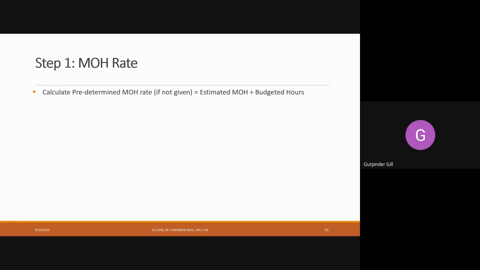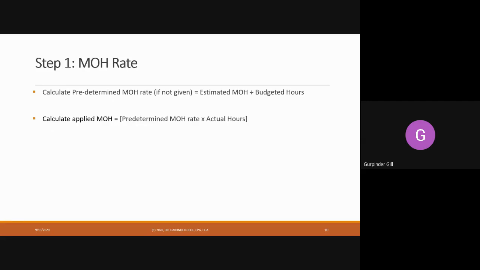Now, let's keep in mind that our manufacturing overhead tends to be constant for the most part. There might be some smaller variations, but for the most part, this tends to remain quite constant. So we will look at our estimated manufacturing overhead, total dollar, divided by our allocation basis, which is budgeted hours.